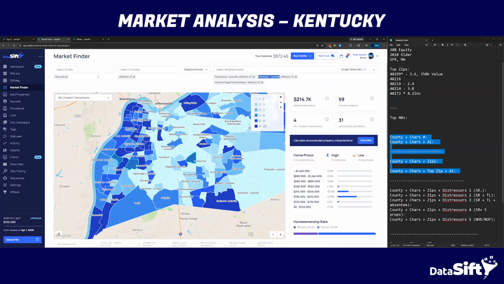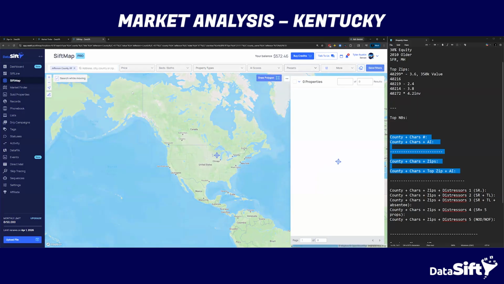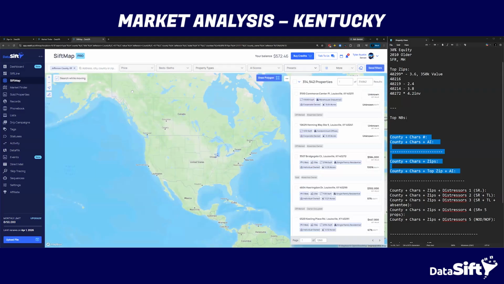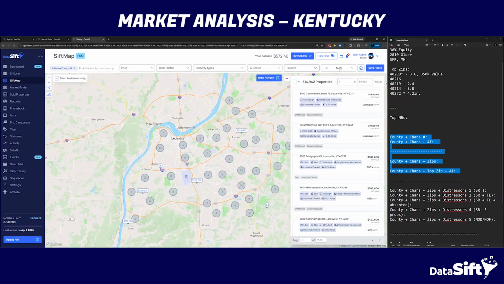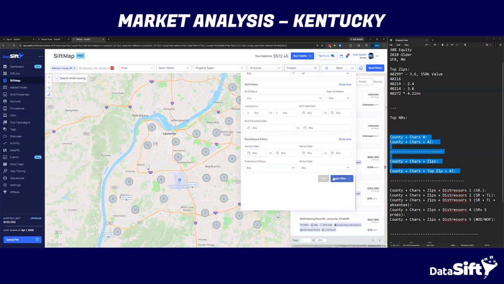Okay. There it is. So we're going to search all of Jefferson, 314,000 properties total. So let's just search that neighborhood real quick and see how many addresses exist just in that neighborhood.